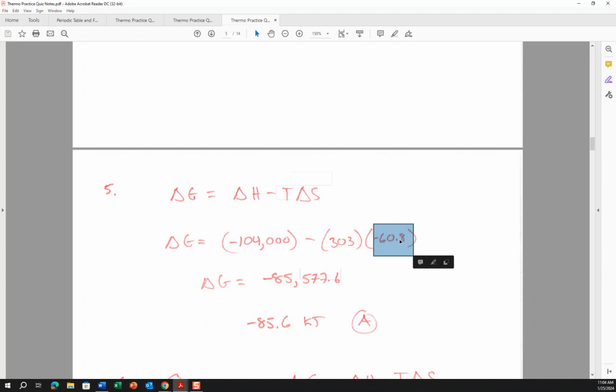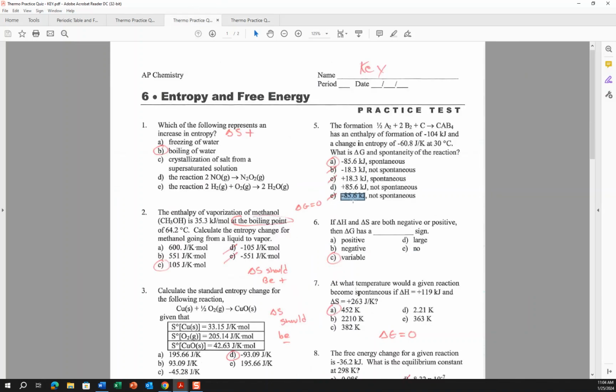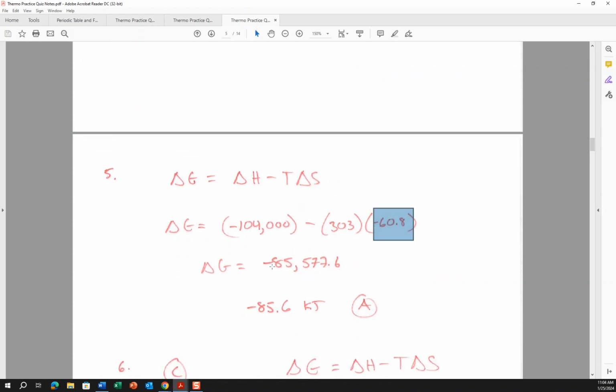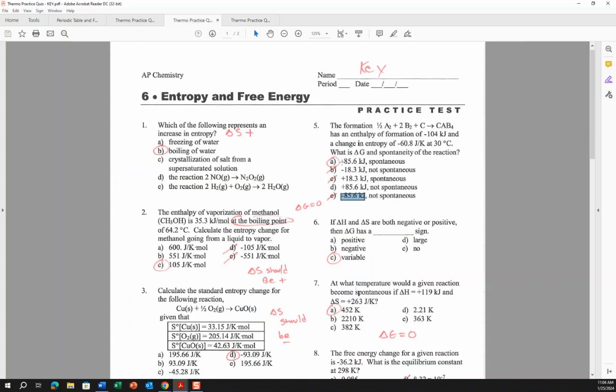Then my final answer would come out in kilojoules, because the answer choices were all in kilojoules. I usually convert to joules, so that's what I did here. So I got my delta G in joules, and if you divide that by 1,000, that's the kilojoules. It came out to be negative, and that means the reaction is spontaneous, and so our answer is A.